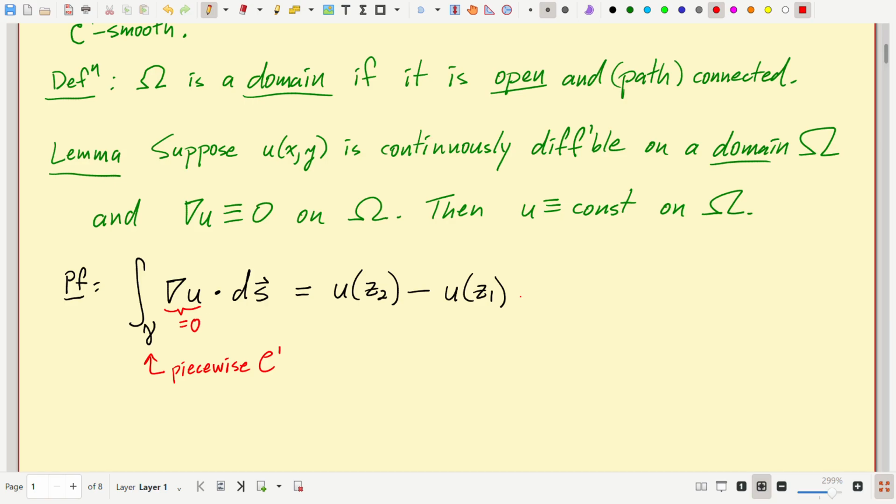So these things are equal to 0. And so I can let the z2 move around and hold z1 fixed. And that would show me that the function is constant. So let's hold z1 fixed and move z2 around.